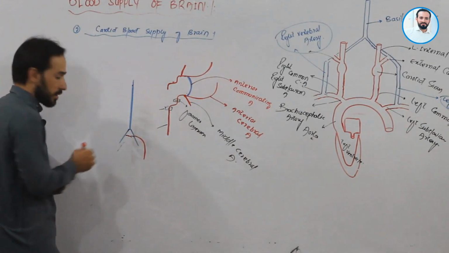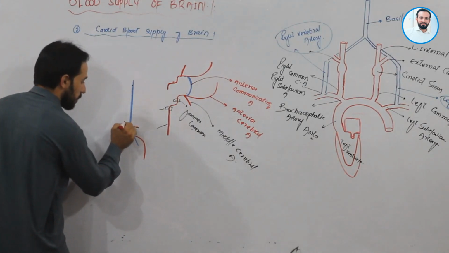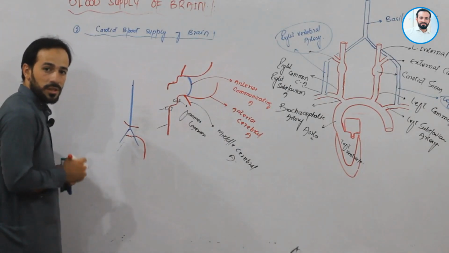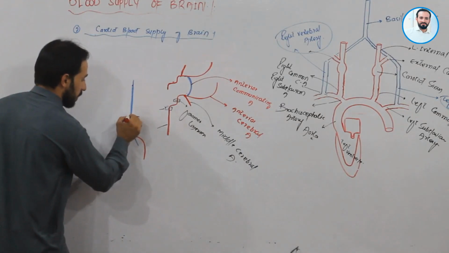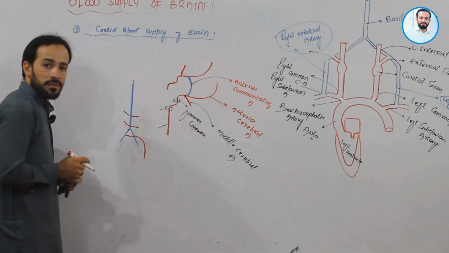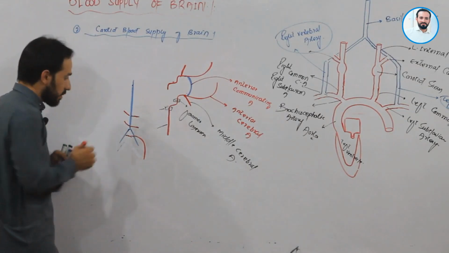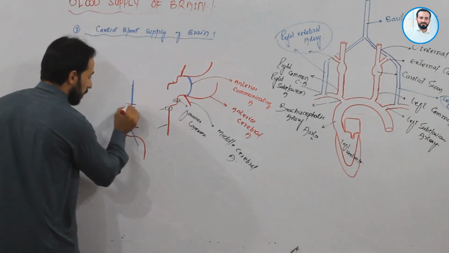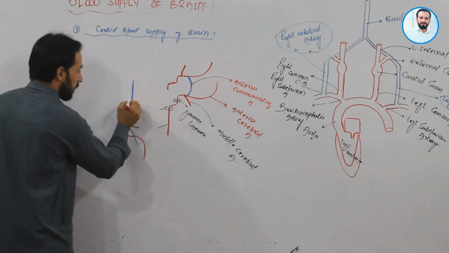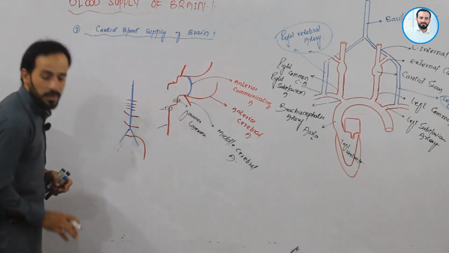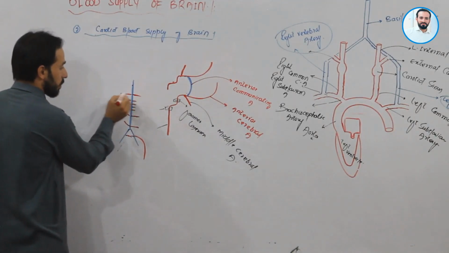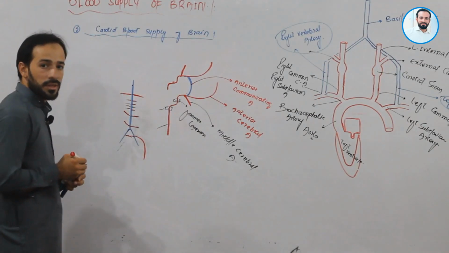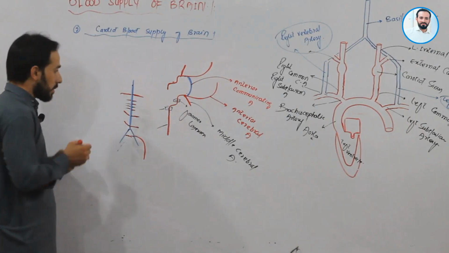anterior spinal artery, right? From here a branch, these were the posterior inferior cerebellar arteries. Then there were small branches, and these branches were the pontine arteries, clear, pontine arteries, and then there was a branch called the anterior superior cerebellar artery, right friends?